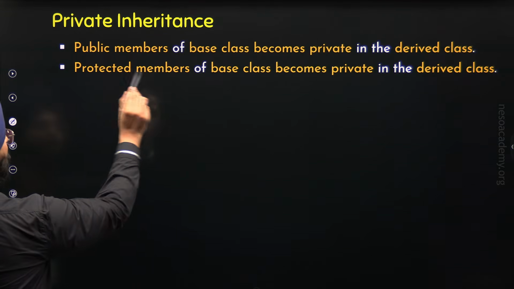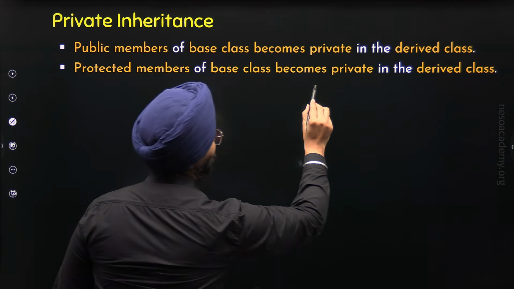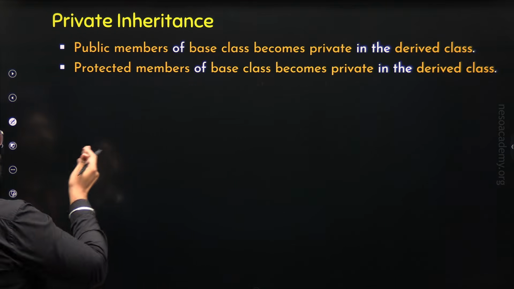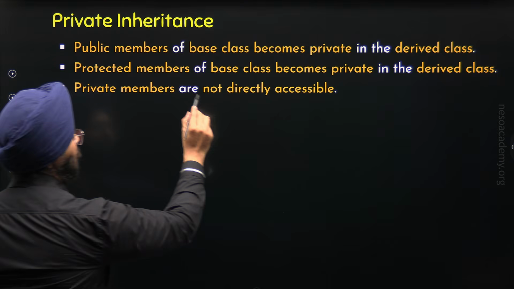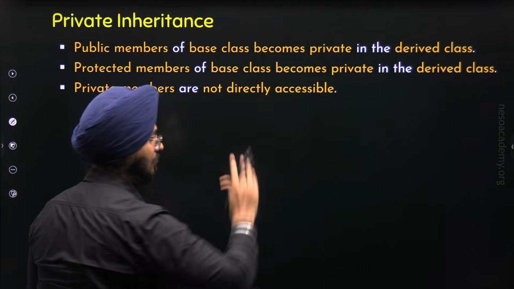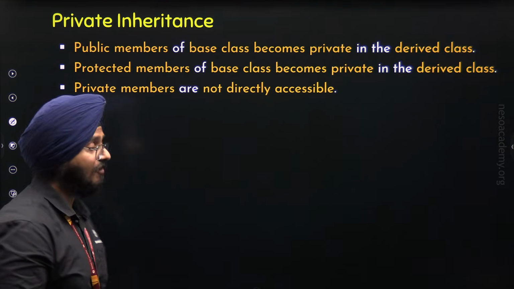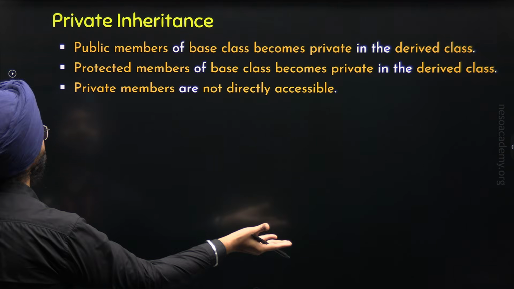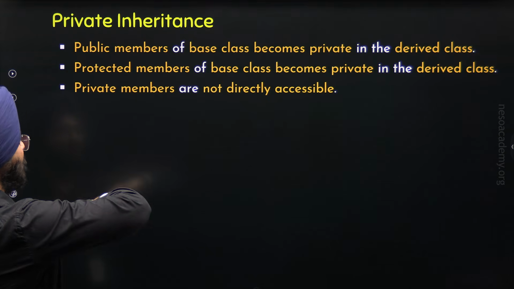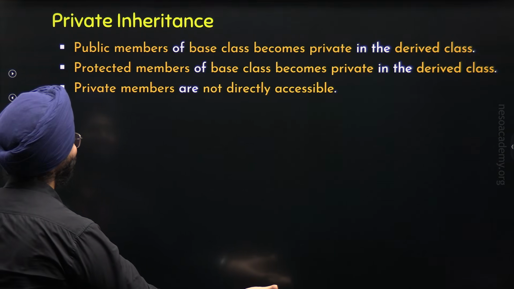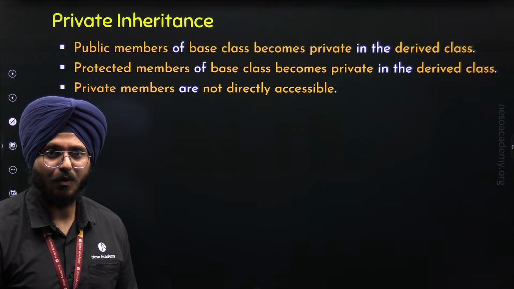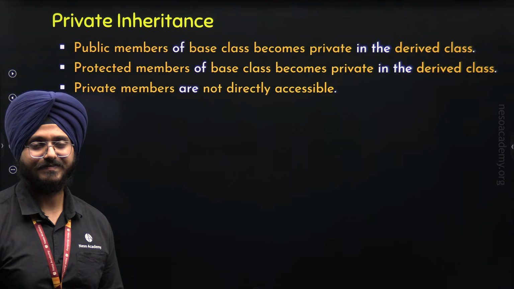Also, protected members of the base class become private in the derived class. And as usual, private members are not directly accessible. So here we can observe the change. Public members become private. Protected members become private. Private members are still inaccessible in the derived class.